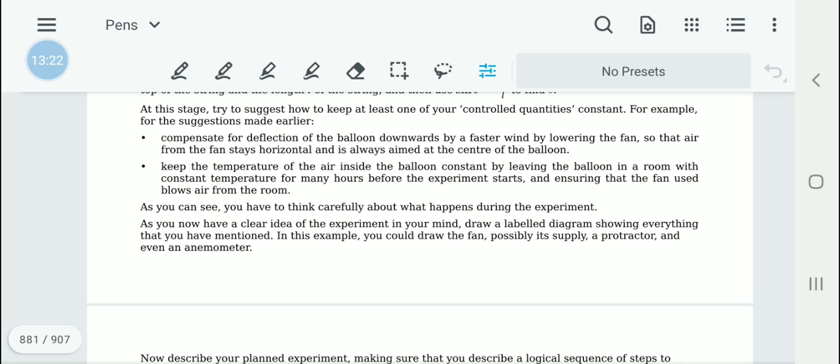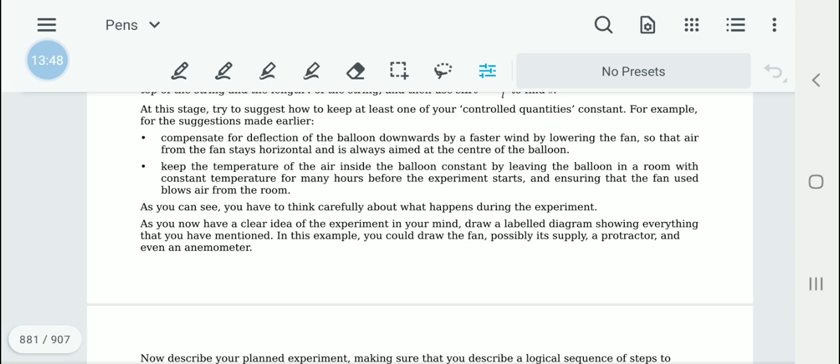And then the fan used would blow air from the room, that is the inside of the room. The same air needs to be blown towards the balloon. That is also something that you can mention. So these are the control variables, and how you control them should also be written.